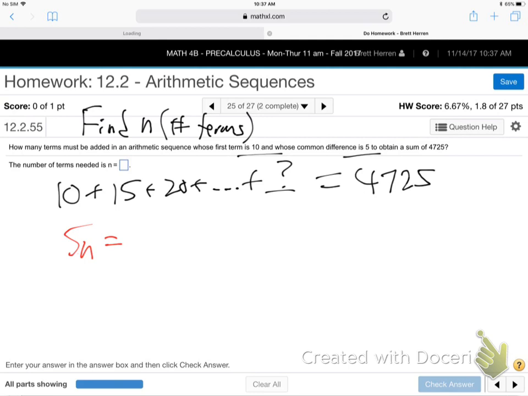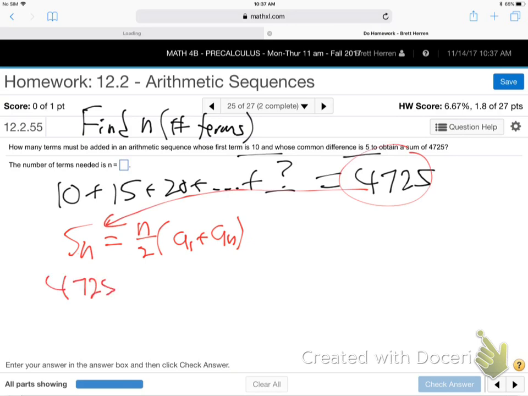In this case, it's S sub n, because it's a sum. N over 2, A1 plus AN. There's the main one. And they're giving me the sum, 4725. The number of terms, that's what they're asking me for.